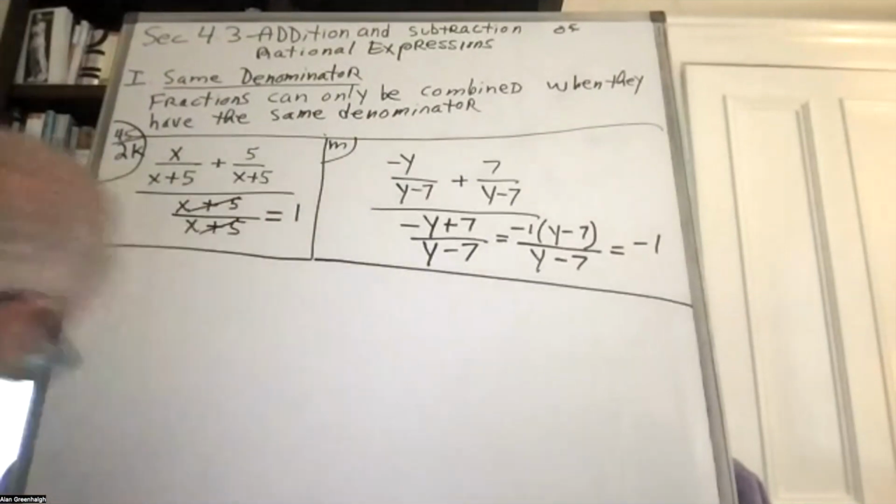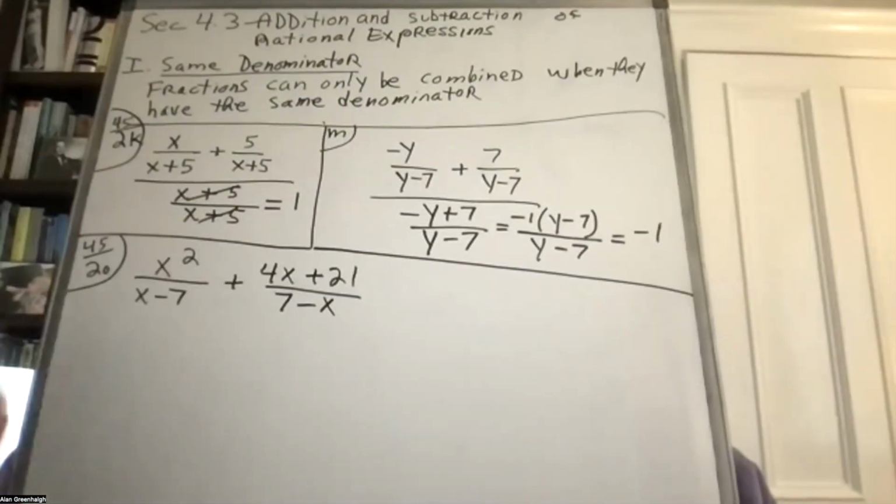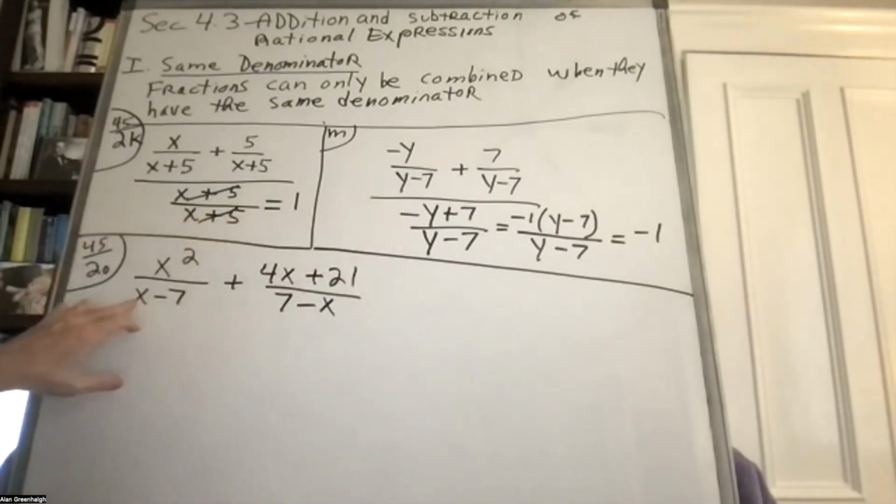Let me give you a problem for you to try. Well, the key aspect here, start at the beginning. Your first problem is you do not have the same denominator. However, it looks like this situation up here. X minus 7, 7 minus x.